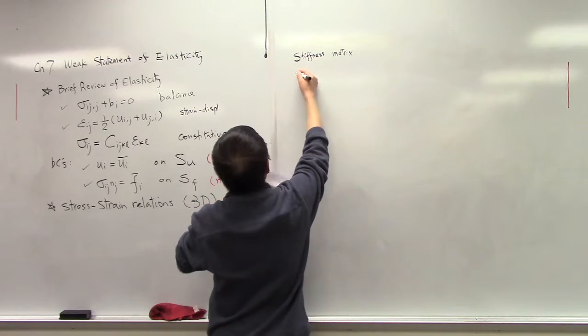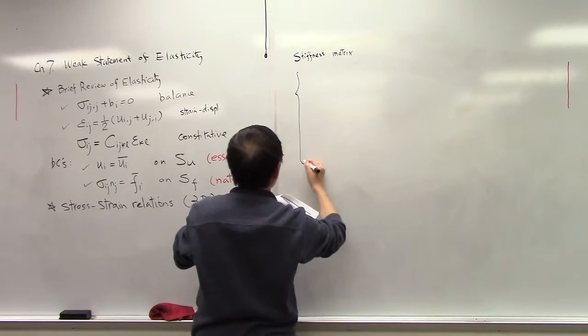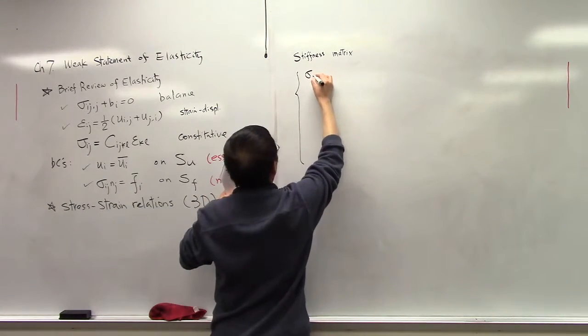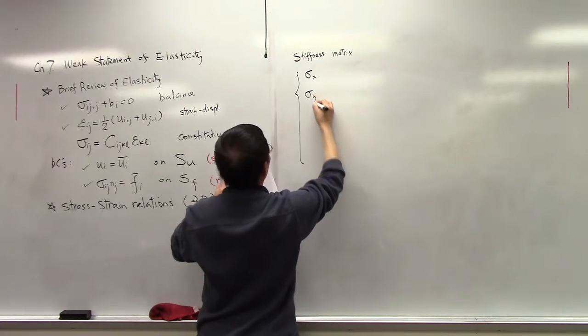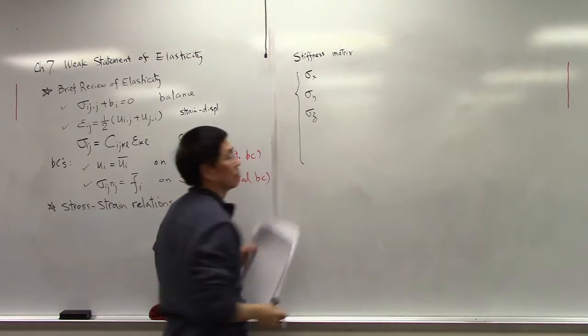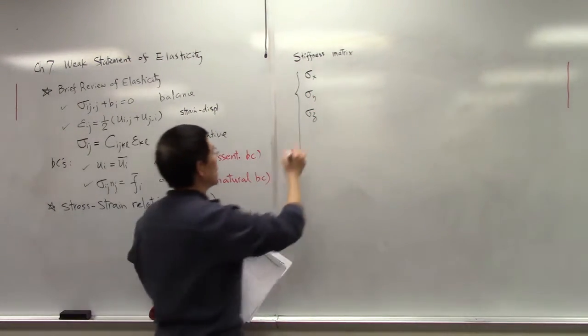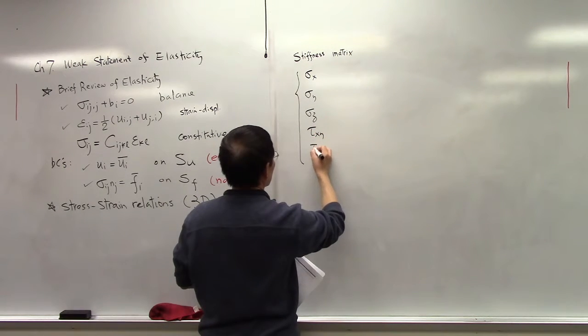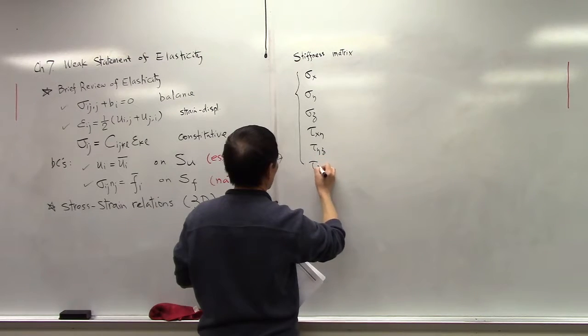The relationship is this. Sigma x, and then sigma y, sigma z. So the three normal components, and then the three shear components, tau xy, tau yz, tau zx.